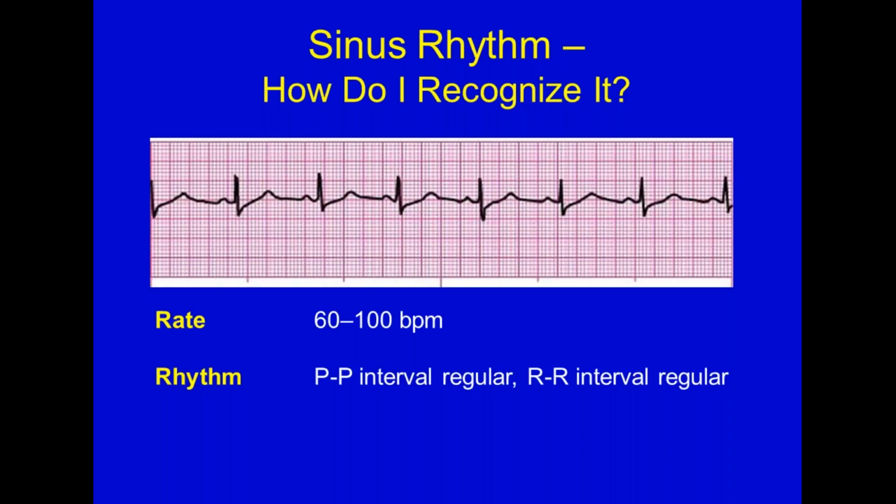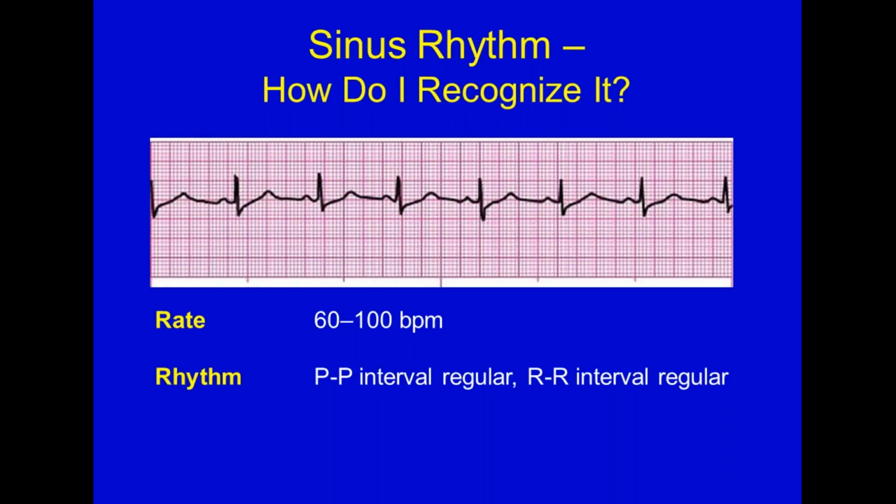Might be a little different than the ones up here, but it has the same characteristics. Find a way so that you always go down that same path, especially now. Because what ends up happening in the field, if I see something that looks goofy, and I can't tell by glancing at it what it is, I go back through this little check. Is there a P wave in front of every QRS? Is it regular? What's the rate?